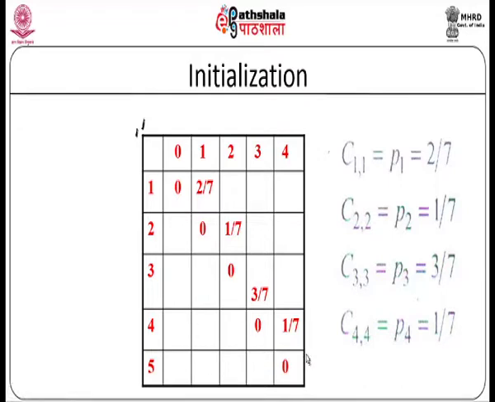Now our next target is to find out 1 comma 2. That means we have 2 keys, that is A 1 and A 2. Recollect the instance that I gave earlier. 2 keys means there are 2 possibilities.